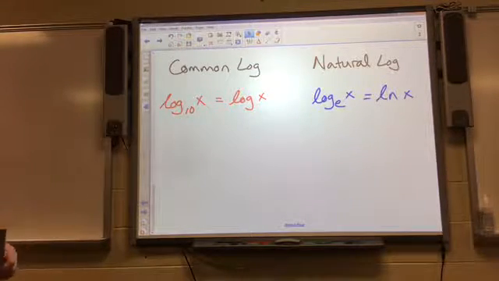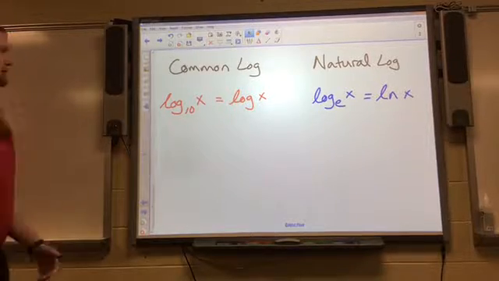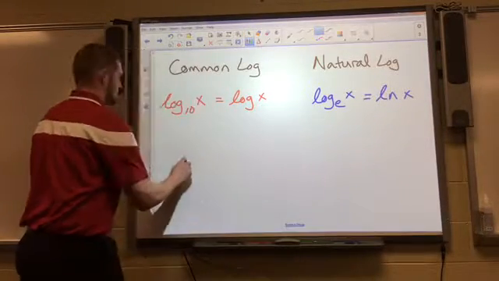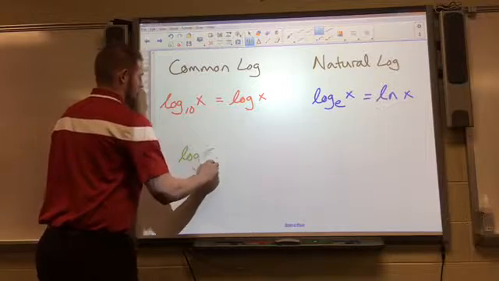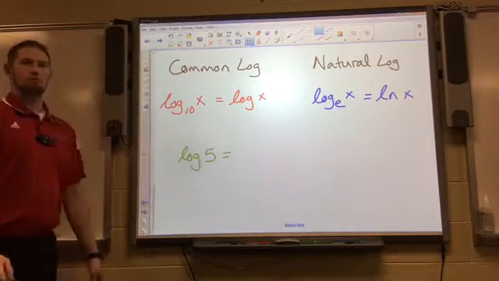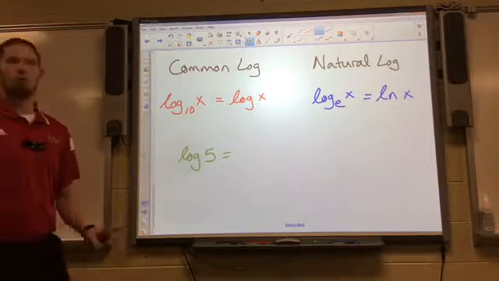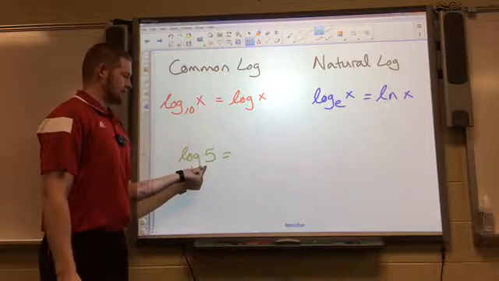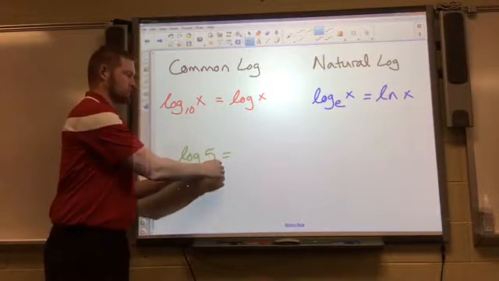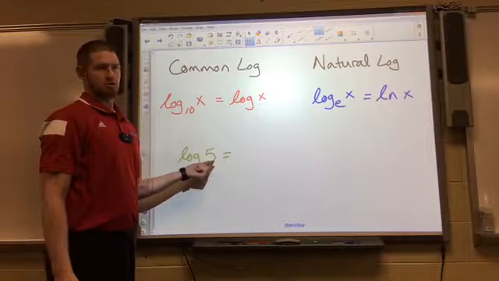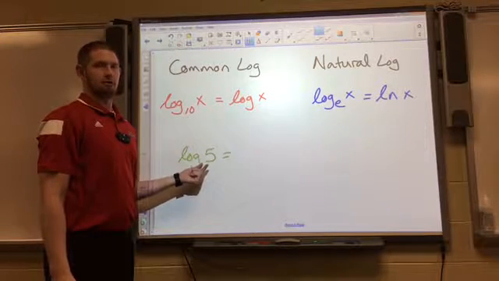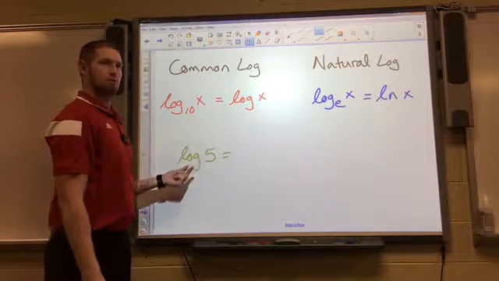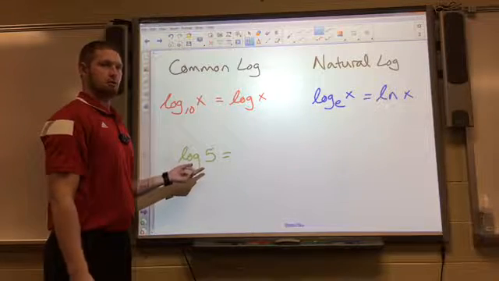In your homework, they're going to give you a few where they're just going to tell you, evaluate this. So basically, we know we're asking ourselves, 10 to what power equals 5, right? It's not always going to be a nice number. You're not always going to be able to figure that out in your head. What is it, Brody? Did you just do it?